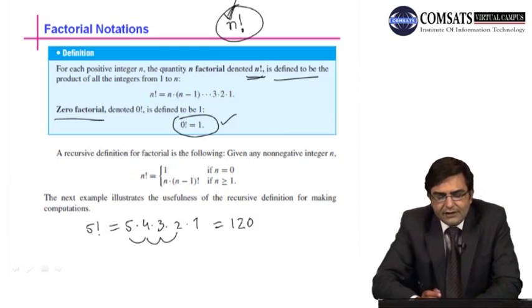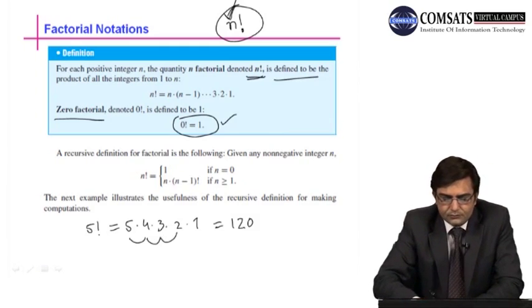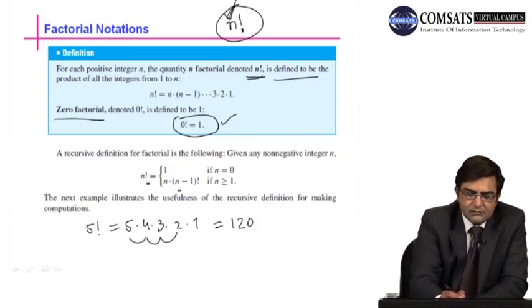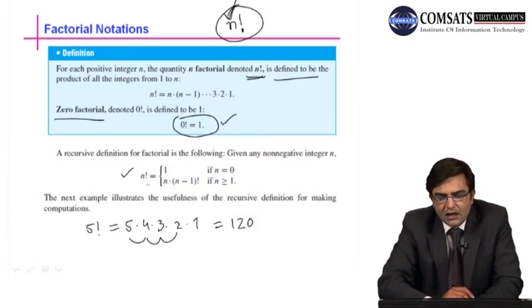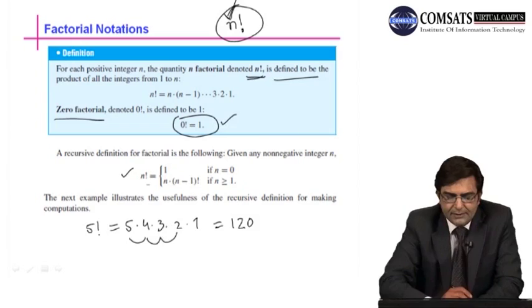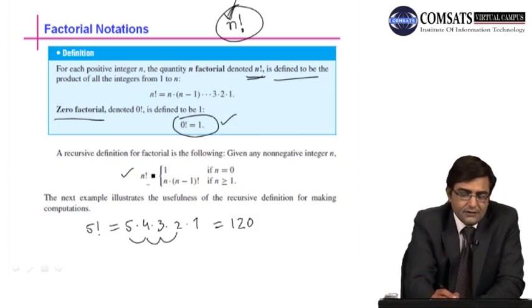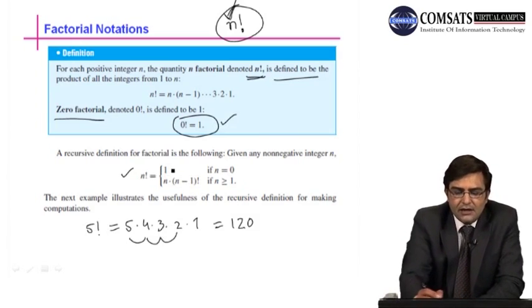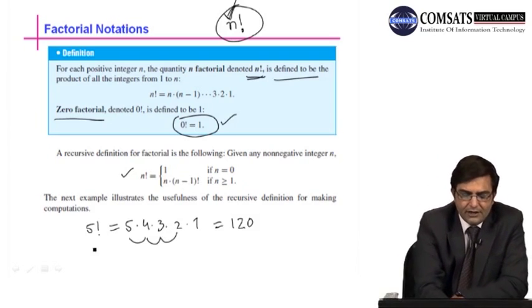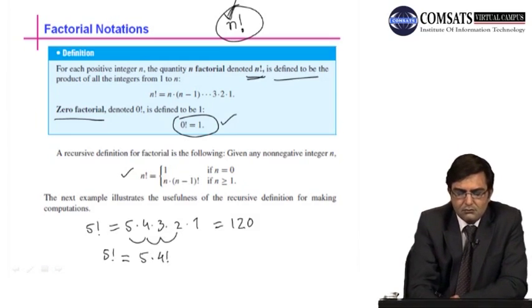A recursive definition of the factorial can also be given like this. N factorial is basically, if n is 0, then 0 factorial becomes 1, and if n is greater than or equal to 1, then we can write n factorial is equal to n into n minus 1 factorial. For example, if we are given 5 factorial, then we can write it as 5 into 4 factorial.